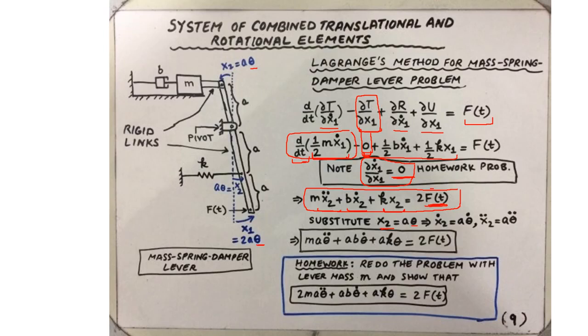So plugging this value into this equation, recognizing that if x2 equals a theta, then x2 dot equals a times theta dot, which is fairly straightforward, knowing that the derivative on the left hand side will make x2 as x2 dot, and the derivative on the right hand side will convert theta into theta dot.